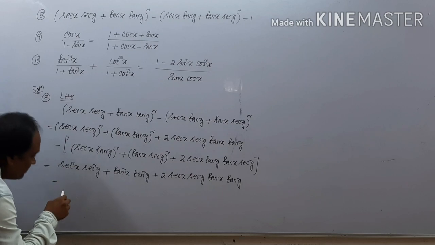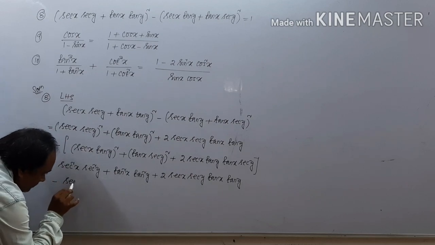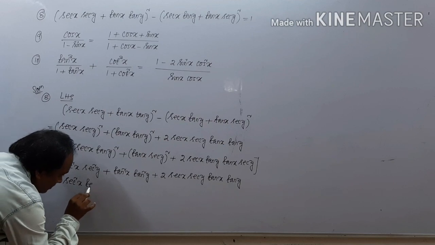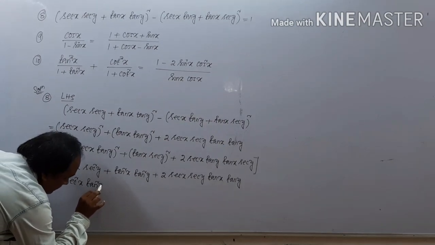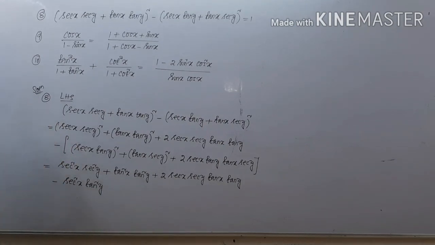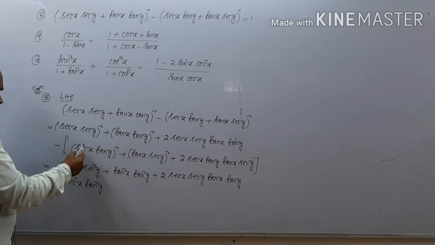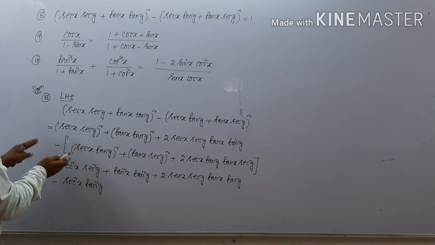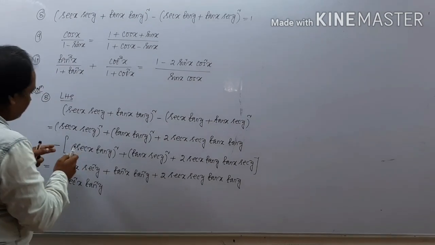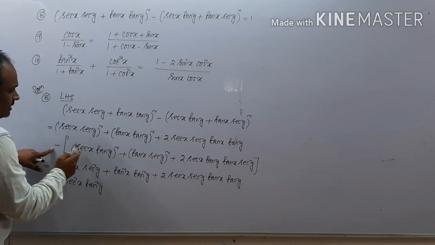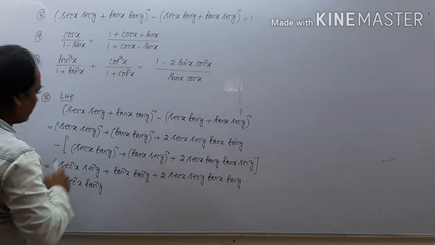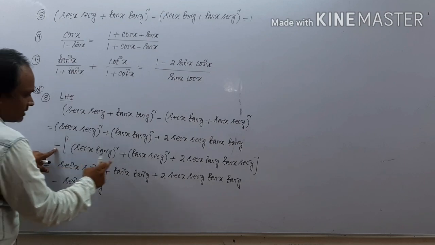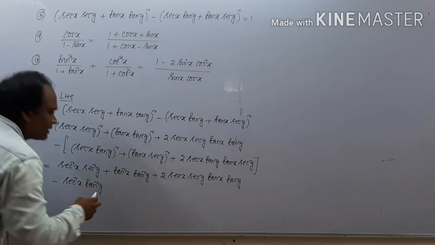So clearly this will be sec square x tan square y, right? This whole square will be sec square x into tan square y, and minus is present outside the bracket. While opening the bracket, this minus will multiply to each and every term within the bracket, right? That's why this will be minus. Similarly, minus multiplied to plus, again it is minus.